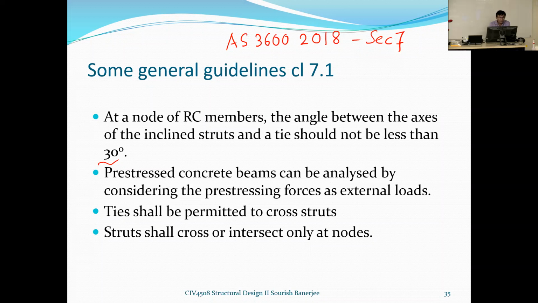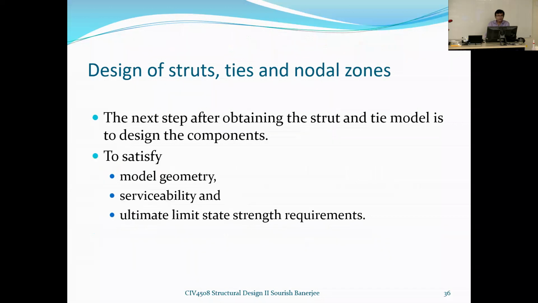So it's fine. Pre-stressed concrete beams can be analyzed by considering the pre-stressing forces as external loads. Ties shall be permitted to cross struts. Struts shall cross or intersect only at nodes. Okay. Now these are some general guidelines.